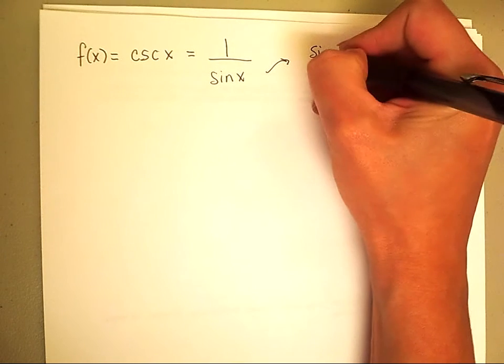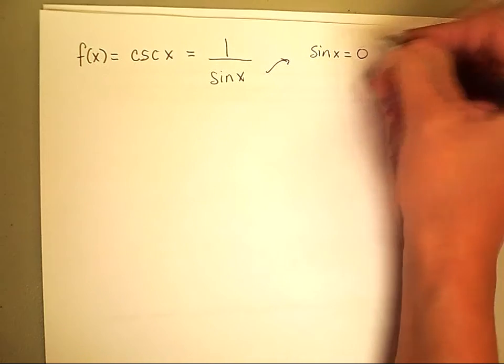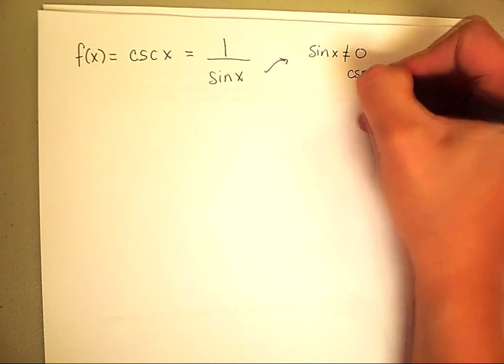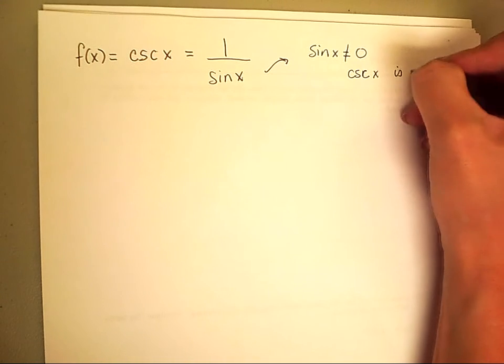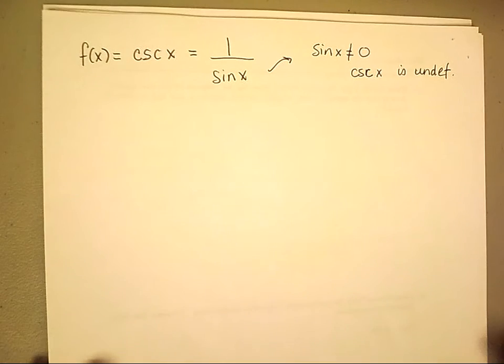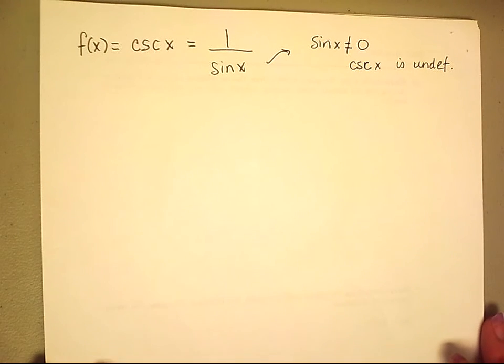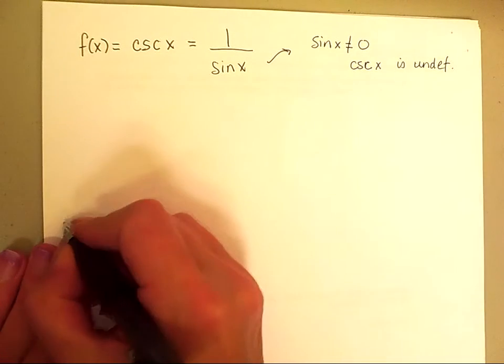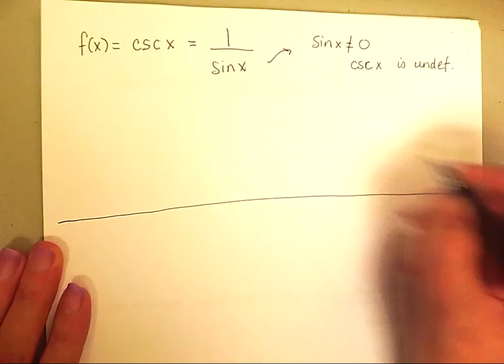So if the sine of x equals 0, we can't have that because then cosecant is undefined. Since this is the reciprocal of sine, let's draw sine again.